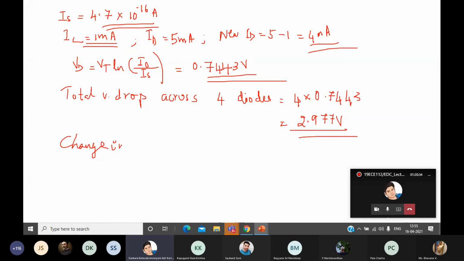Actually, V2 minus V1 is equal to 2.303 log I2 by I1. Then the answer will be different. That also you can do. This is a natural logarithm, that is based on logarithm. Here it is multiplication and there it is addition. That is the difference of ln and log.